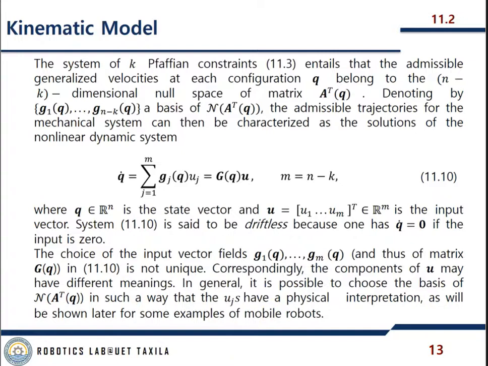However, the input vectors u may not be directly related to the actual control inputs, which are in general forces and/or torques. For this reason, equation 11.10 is referred to as the kinematic model of the constrained mechanical system. So one must be very clear that this u does not mean an actual control input.